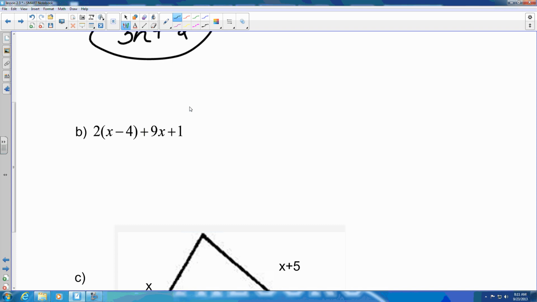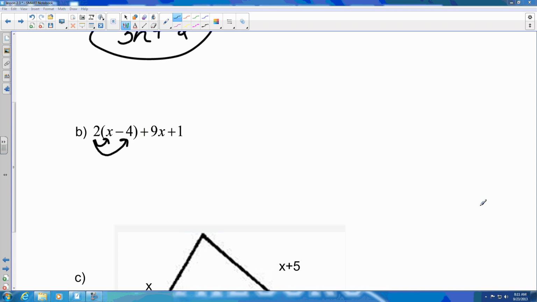For B, I have 2 times the quantity of x minus 4 plus 9x plus 1. So in order to simplify this expression, I must use the distributive property, which we talked about in section 2.2. I'm going to multiply that 2 to the x and to that minus 4.